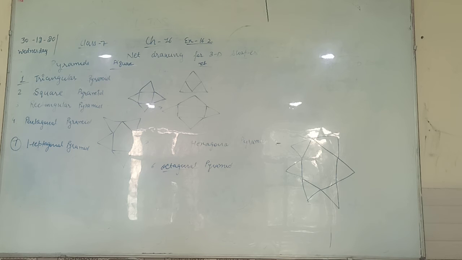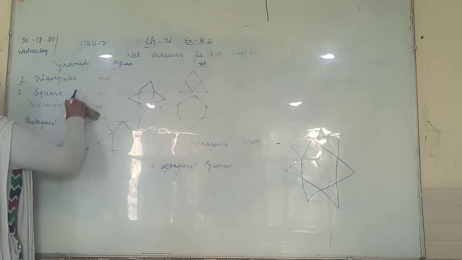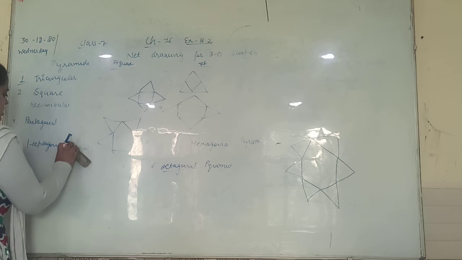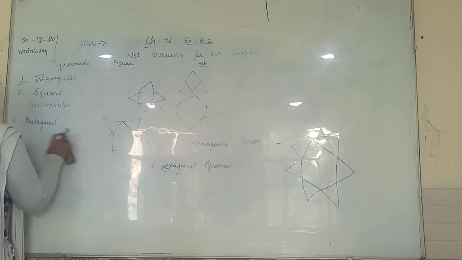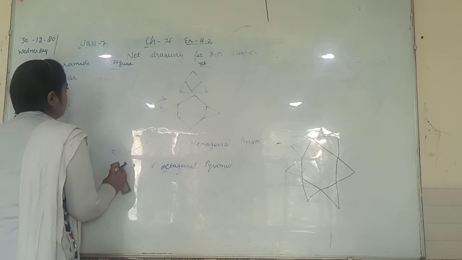See, first we will discuss about triangular prism, square prism, rectangular prism and pentagonal prism, and after that hexagonal prism, heptagonal prism, octagon. This you will do yourself, right? So we will discuss about these 4 prisms, net of these prisms.